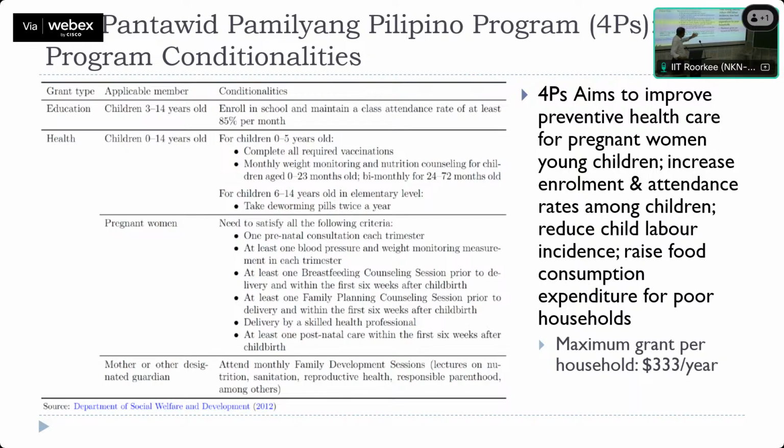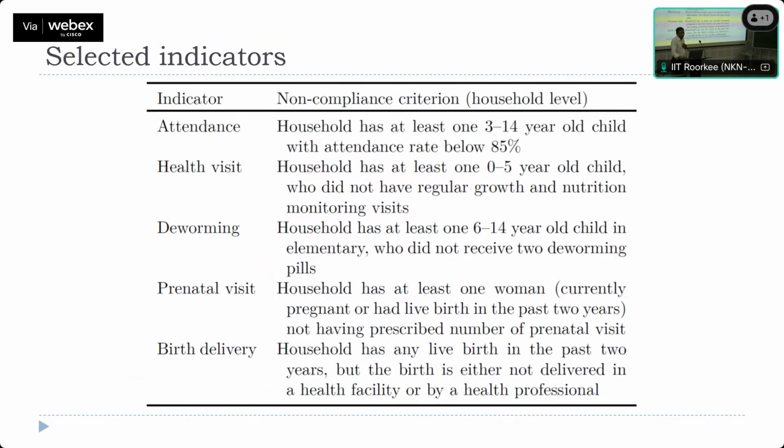Of course, you can see the objective is to achieve multiple goals at the same time. Good. So what we did, of course, we could not look at all the variables at the same time because we had data issues. So we were able to choose these 5 indicators: attendance, health visit, deworming, prenatal, and birth delivery.